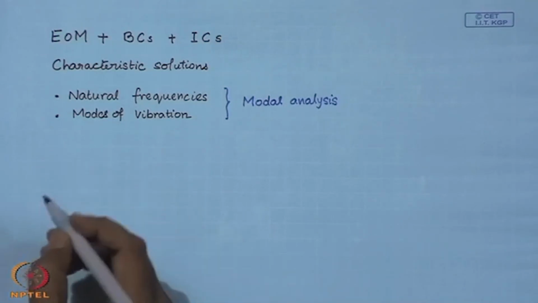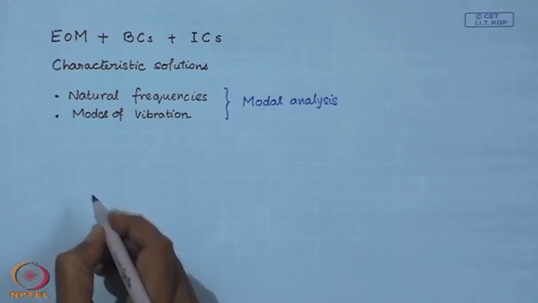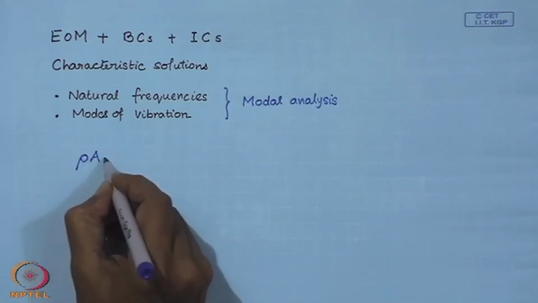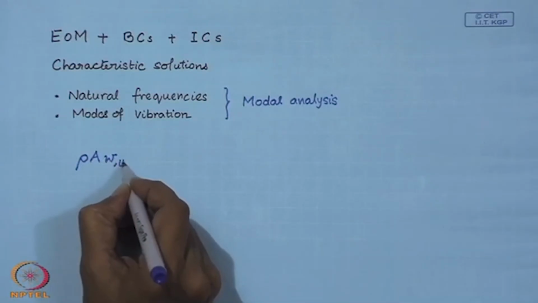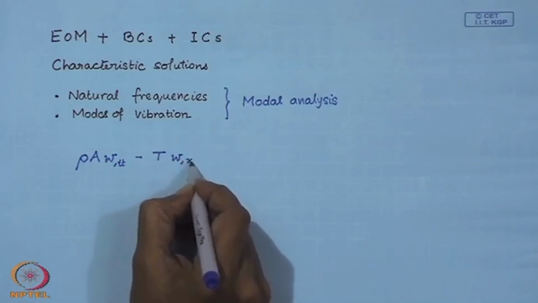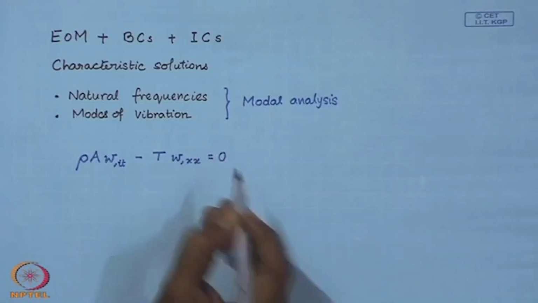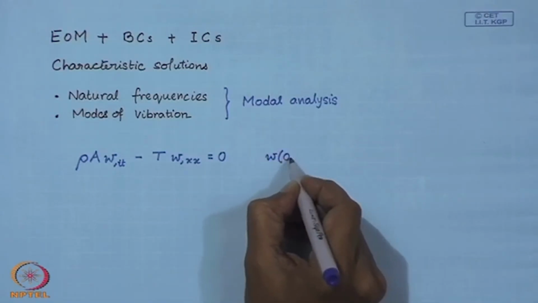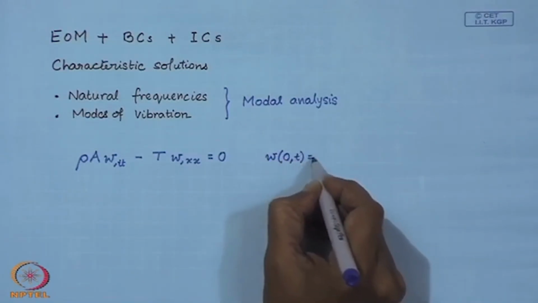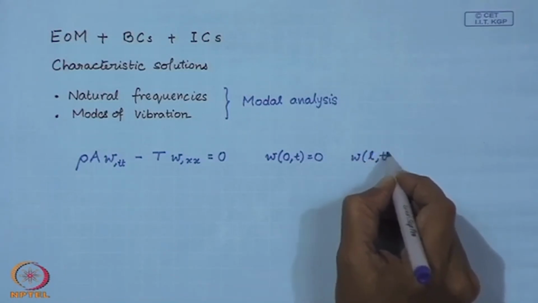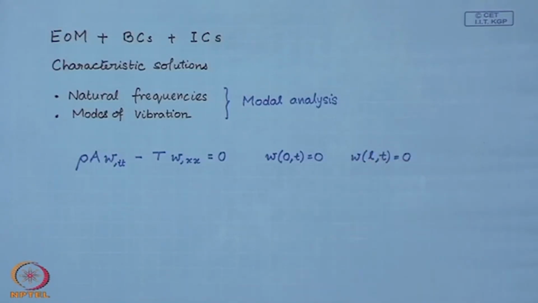So, if you recall the equation of motion of a string, suppose it is a fixed string of length L. We have the equation of motion and the boundary conditions.